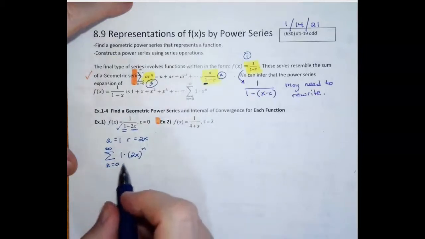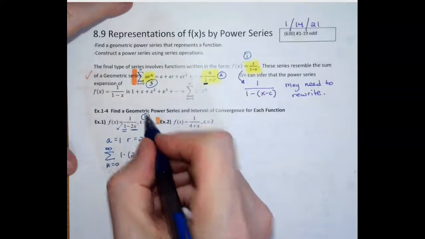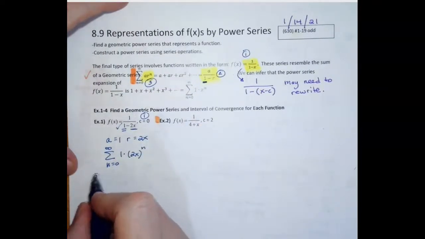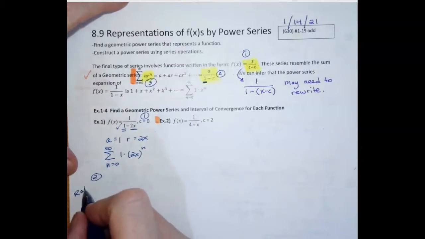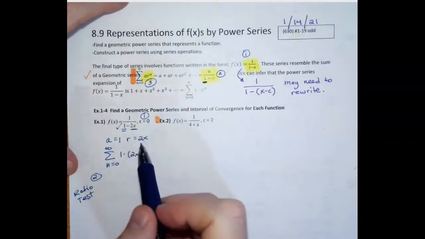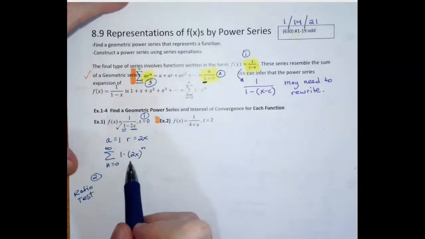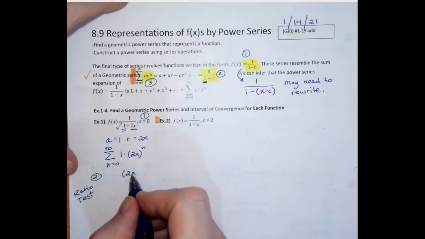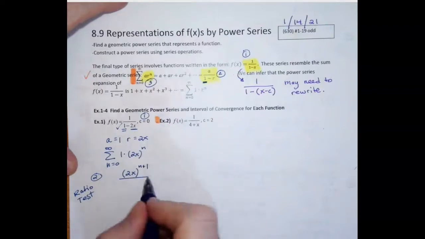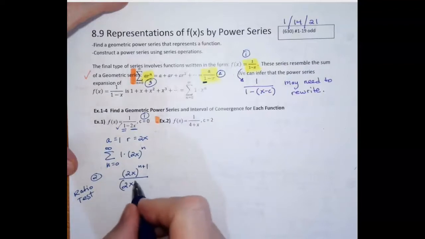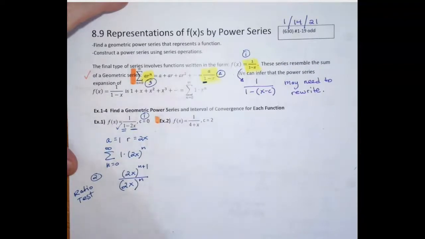Okay, so step 1 from our previous notes was to look at C. Step 2 was to use the ratio test. And so the ratio test off of this, we would add 1. So that would be 2x to the n plus 1 over 2x to the nth power.